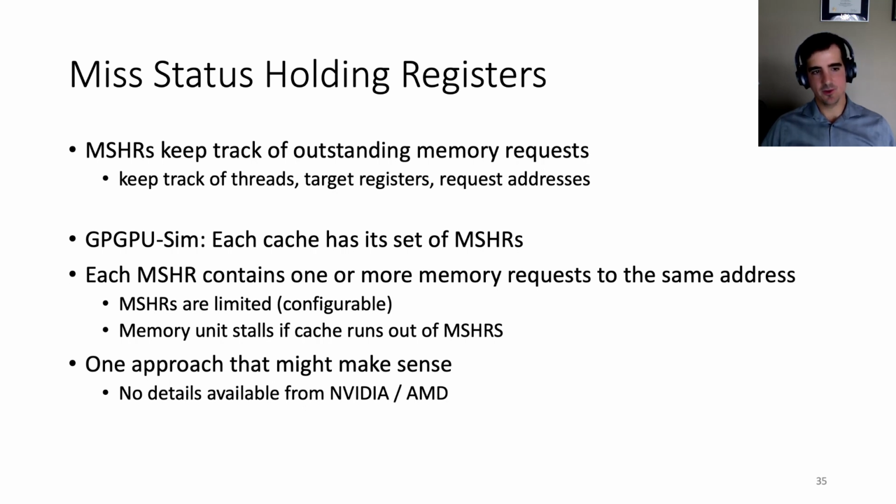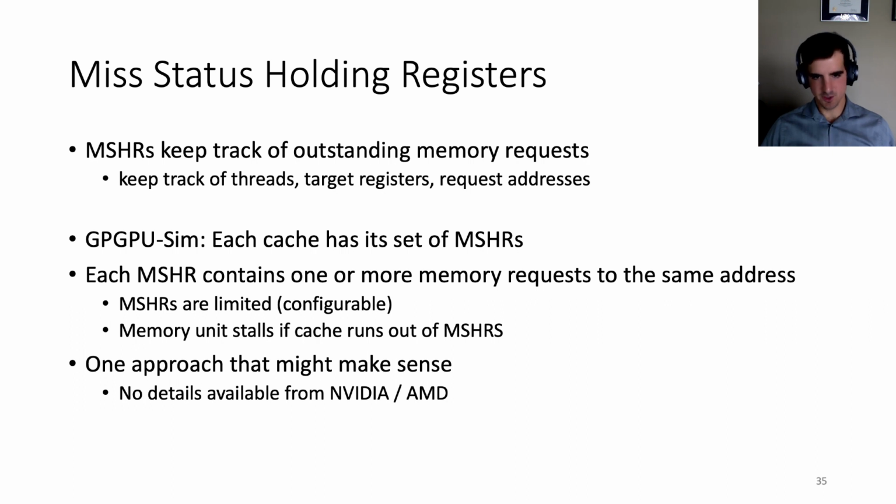MSHRs, this is just a brief overview of what they are, if you forget. Basically they are ways to merge memory requests to the same location in memory. If you miss on one particular cache line in one instruction, and then another instruction comes in and misses on that same cache line, you won't generate a redundant request.